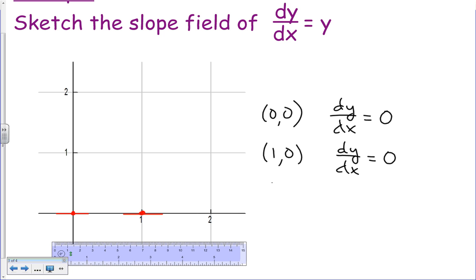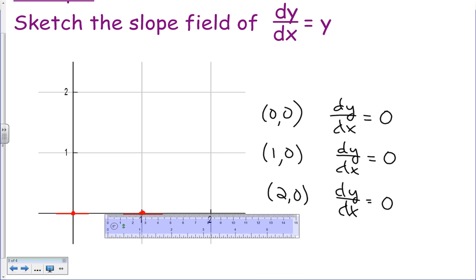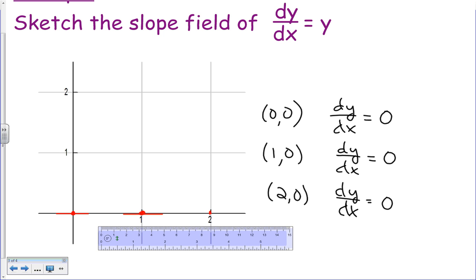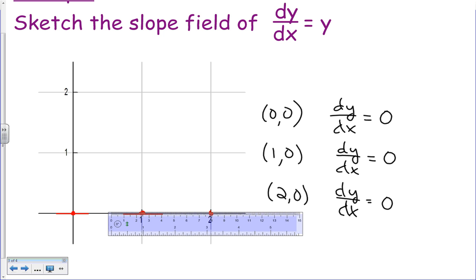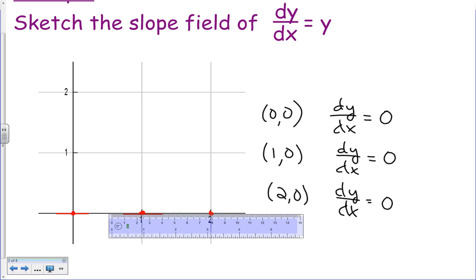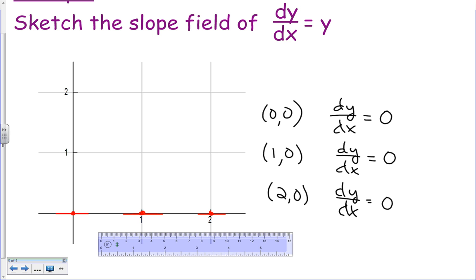Continue on. Let's move to 2, 0. We get dy/dx is equal to the y value, and the y value there is 0. So again, I'll mark my point here and slide this ruler up. A straight edge is sometimes helpful for making sure you end up with a nice slope field. So there are the first 3 points.